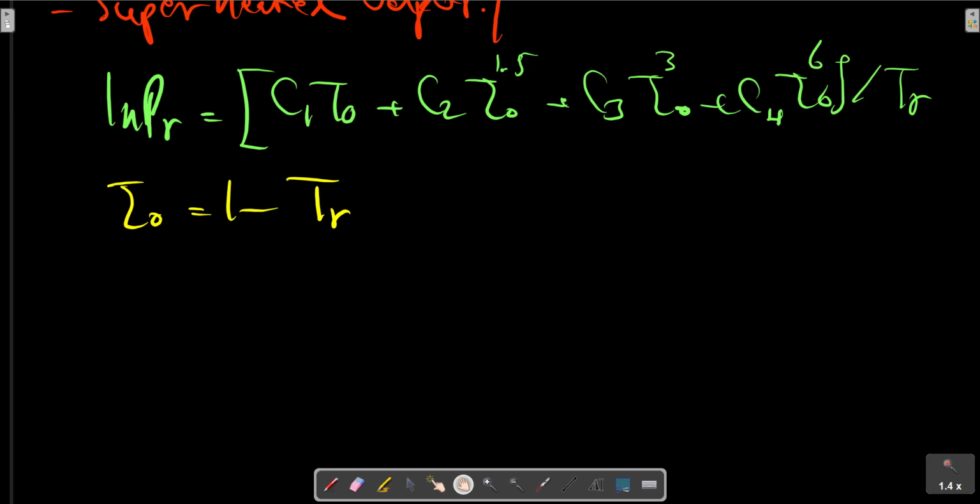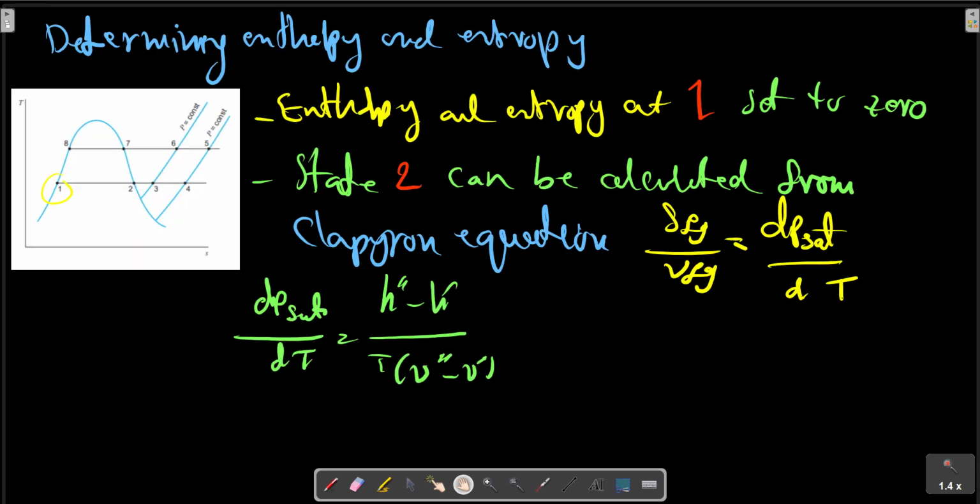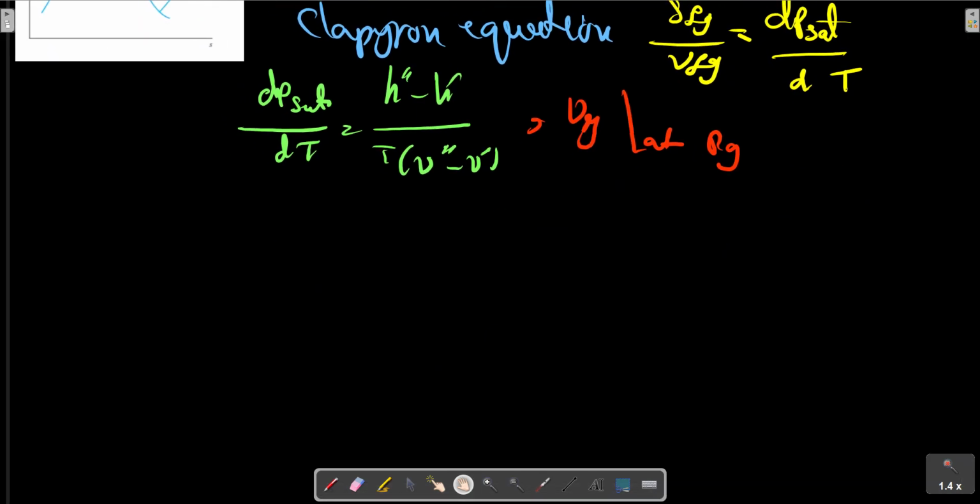Vg is calculated from the equation of state using Pg from the equation before, and Vf is found from the experimental data for the saturated liquid.